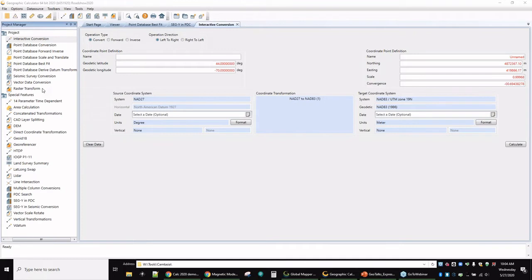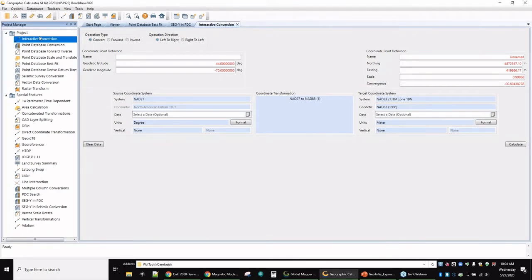So we're going to start by focusing first on the jobs that are at the top of the interface here. These are what we think of as sort of our standard jobs, and then down into some of the special features a little bit farther below. This is where we get into particular combinations of things. So we're going to focus just first on the basics, and then we'll touch through some of the special features.